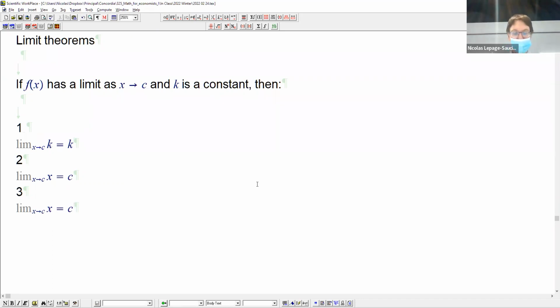If I have k that multiplies some function of x, then it's equal to k times the limit of that function. So I can take the k out of the limit operator. That's pretty handy.